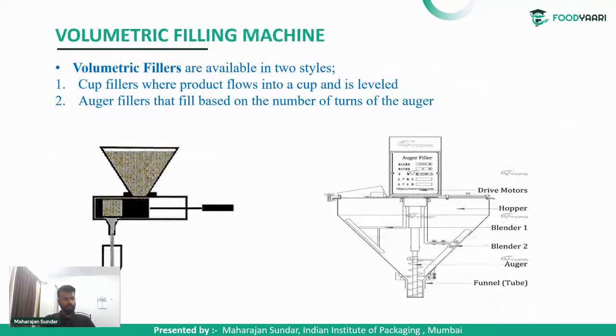Volumetric filling machines are of two types, and they are generally used for products which are in granular form or powder form. Cup fillers and auger fillers are used in volumetric filling.